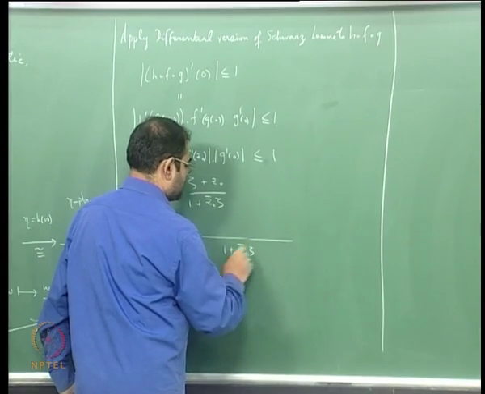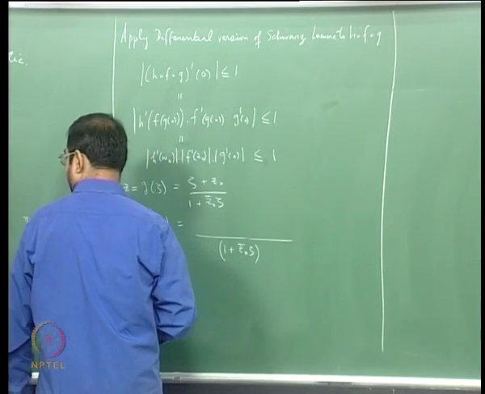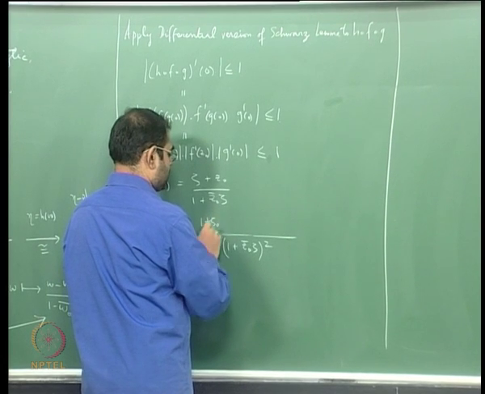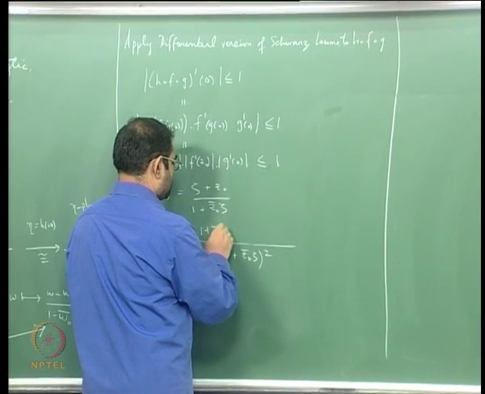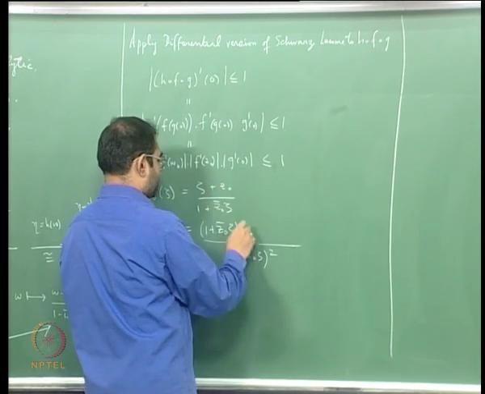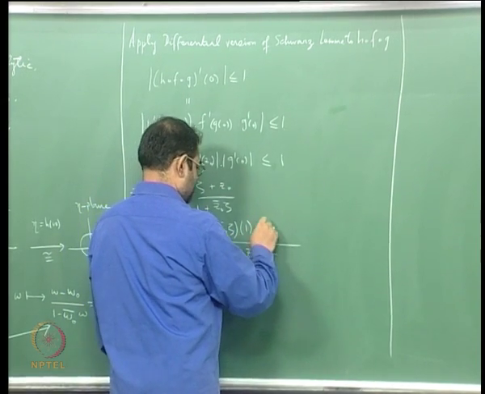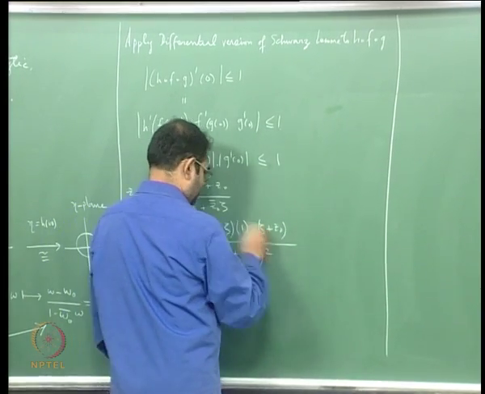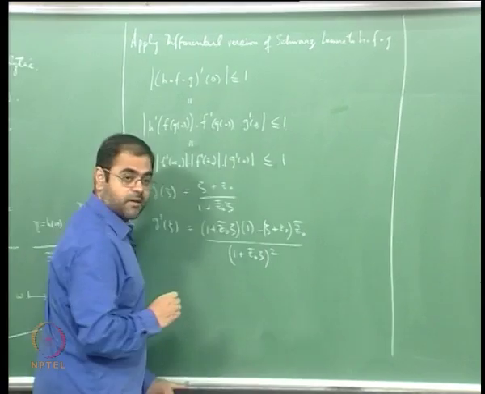using the quotient rule, differentiating with respect to zeta, you will get (1 plus z0 bar zeta) whole squared, times (1 plus z0 bar zeta) into, I differentiate this with respect to zeta, I get 1 minus, I keep the numerator constant, I differentiate this with respect to zeta, I get z0 bar.